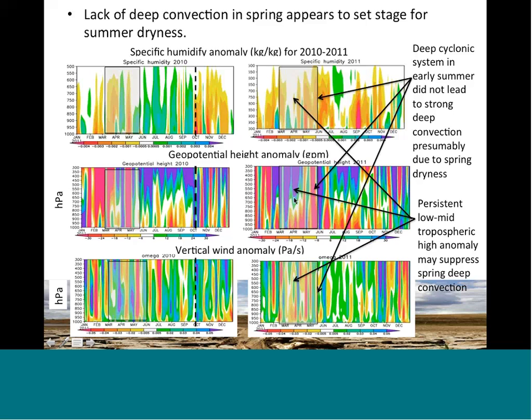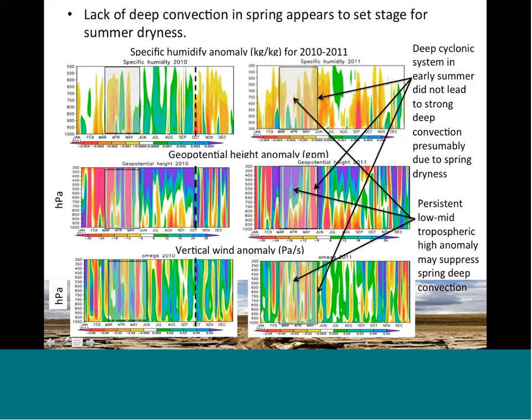And from vertical velocity, you actually can see not so much the mean vertical velocity, but the lack of a strong uprising motion in spring.